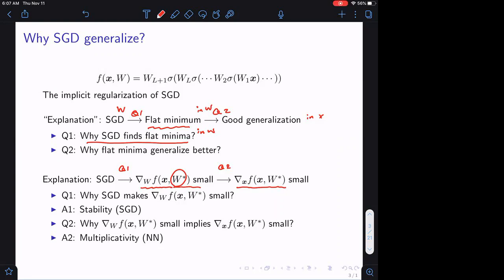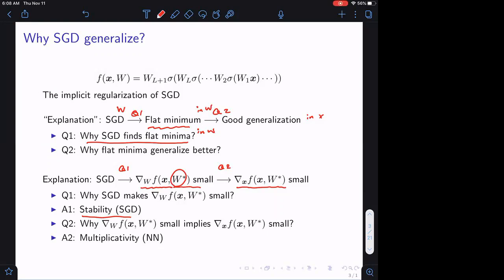As I will show you, the answer to question 1 really relies on the stability of SGD. To give a more precise statement, what we prove here is that if SGD finds the W star in a stable way, which I will define, then the W gradient of the model function at W star will be small.